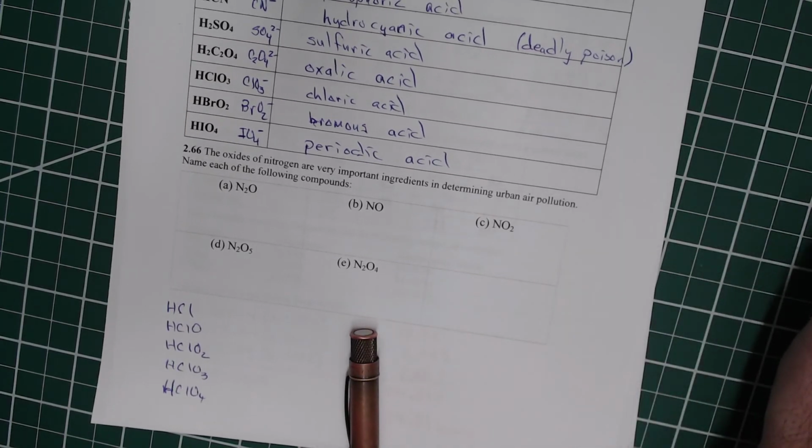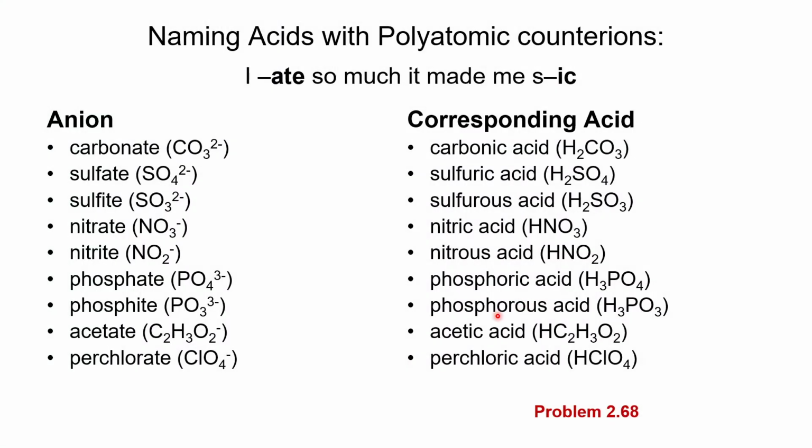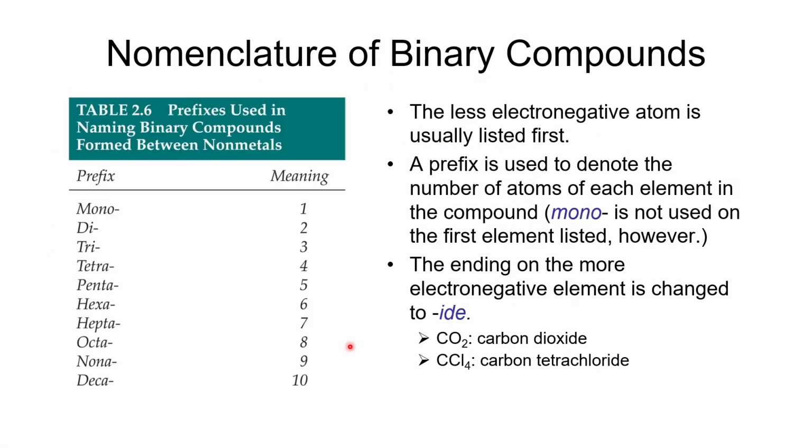Okay, we're almost done with chapter 2. We have a little bit of stuff left, and so our last topic is going to be nomenclature for binary compounds. And binary just means 2. So there's 2 elements, and most of these will contain nonmetals or perhaps a metalloid and a nonmetal.